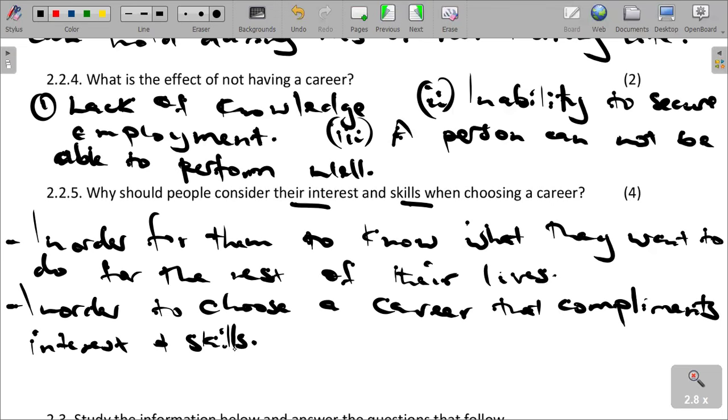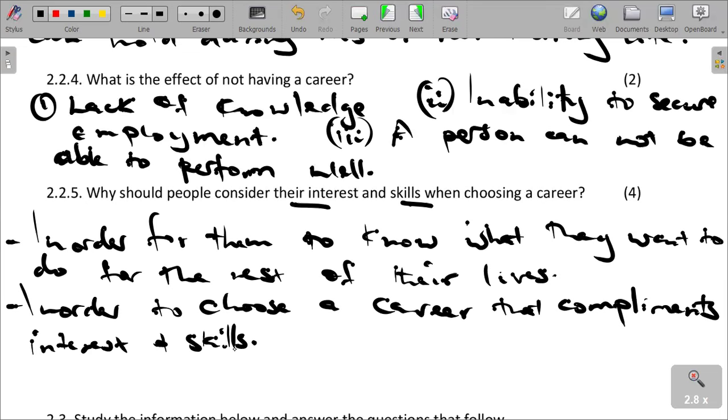So in order for them to work better within their career, they are matching their interests and skills with their career, such that the performance of duties within the career can be easy. It can be easy for them to perform within those career pathways.